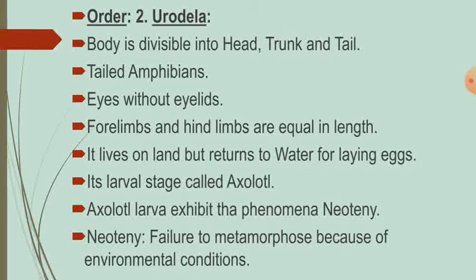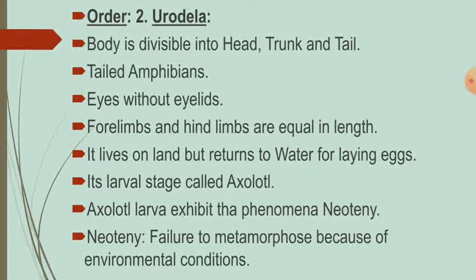Hence the body is divisible into head, trunk and tail. Due to the presence of a tail, these Urodelans are also called tailed amphibians. The tail is cylindrical, which assists in locomotion both on land and in water. It bears a tail fin devoid of fin rays.